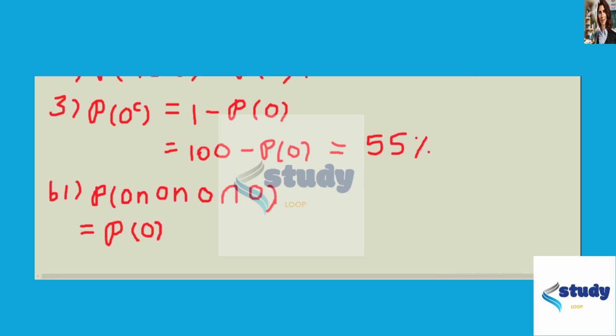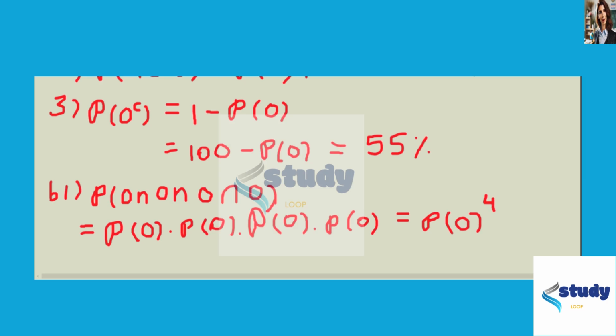And therefore, this probability is equal to probability of O multiplied 4 times, or we can write it as probability of O raised to 4.